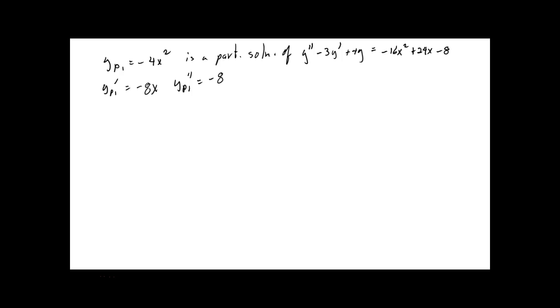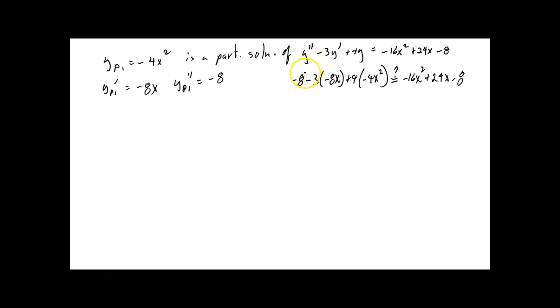So let's plug in: negative 8 minus 3 times y prime, which is negative 8x, plus 4 times y, which is negative 4x squared. The question is whether that equals minus 16x squared plus 24x minus 8. I hope I copied it right.